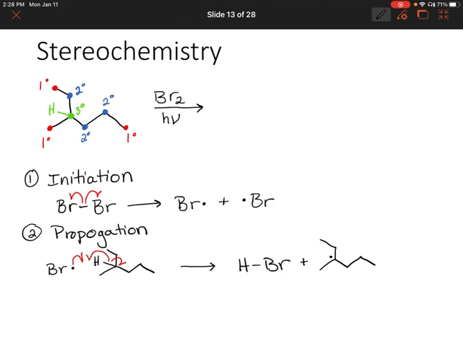Okay, and then in the next step, we are going to perform, remember, halogen abstraction. So we're going to add bromine, and this is going to be hard to draw, but the single electron there is going to form a bond with one of the bromine atoms, and then an electron is left on the other bromine.